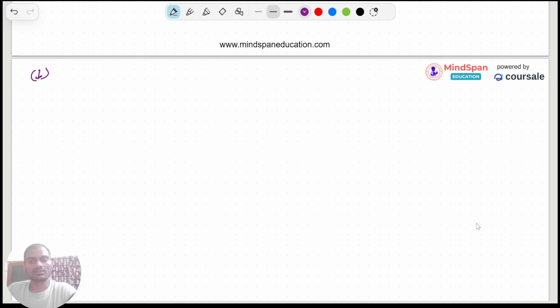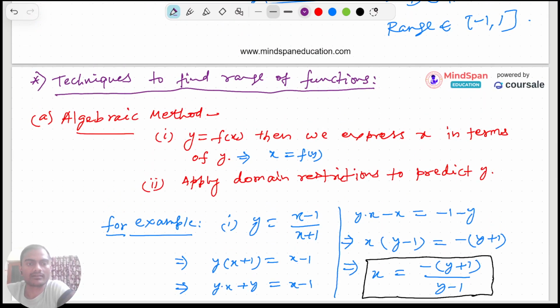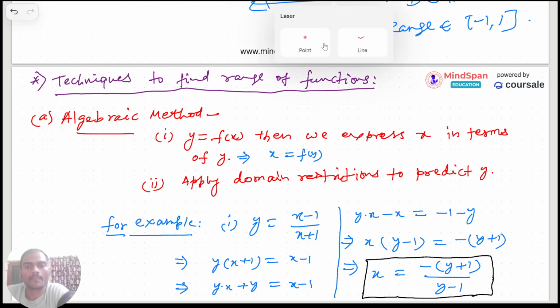Okay, so let's start. First thing is techniques to find the range of a function. First technique is algebraic method. Under this algebraic method, it is also called inverse thinking.